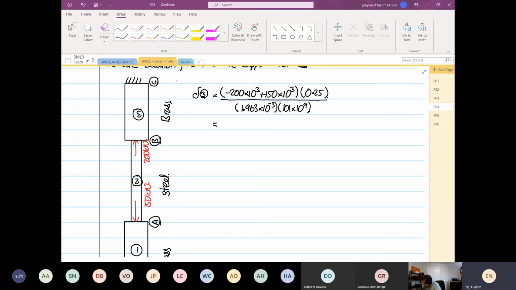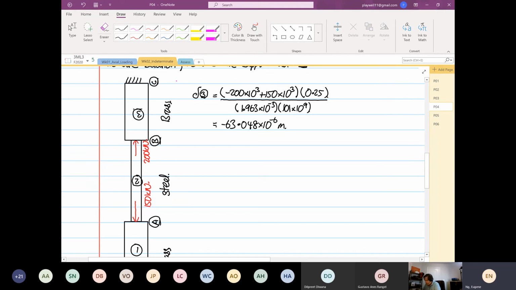Now my calculator is not behaving. So it's equal to minus 63.048 times 10 to the power minus 6 meters.